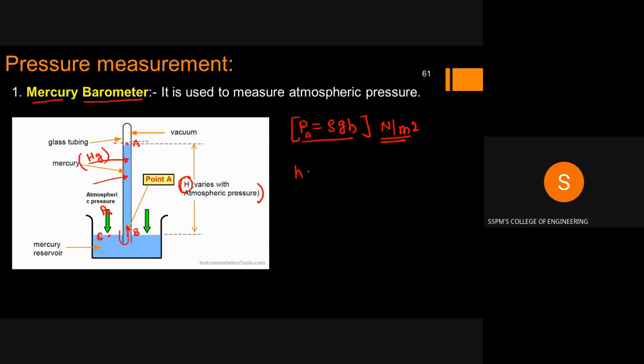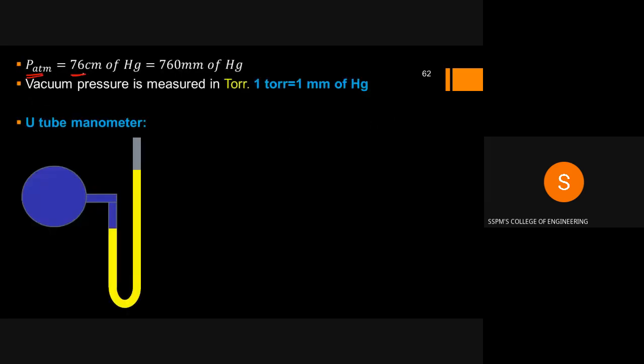So atmospheric pressure is expressed in terms of the height of the mercury column. This is equal to 76 centimeter, or 760 millimeter of Hg, or 0.760 meter. So this is the atmospheric pressure.